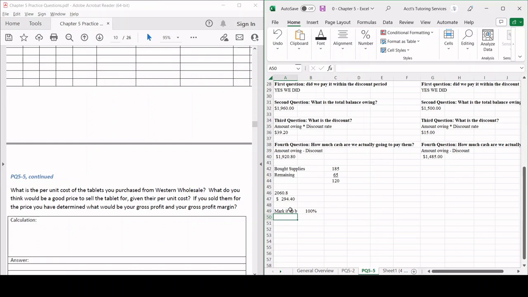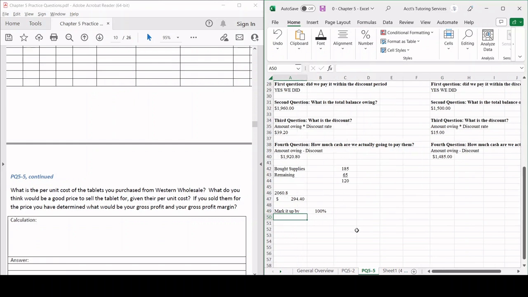This is very similar to the tax calculation that we did. We're going to take this amount times 1 plus the percentage. In this case, the markup instead of the tax rate. Since it's 100%, we're just going to do 1. Remember, if it was 90%, we do 0.90. If it was 120%, we'll do 1.2. So the price is going to be 588.80.